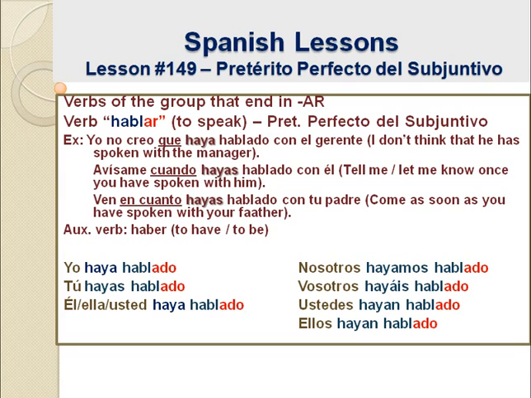Vosotros hayáis hablado, or que vosotros hayáis hablado. Ustedes hayan hablado, or que ustedes hayan hablado. And ellos hayan hablado, or que ellos hayan hablado.